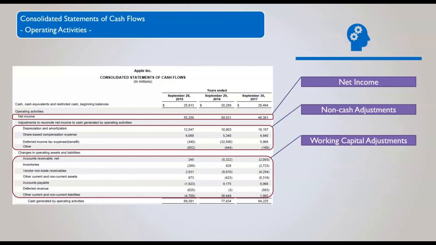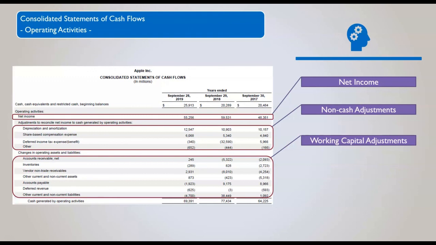This essentially takes the change in certain balance sheet accounts, such as accounts payable and accounts receivable. It would be the net change between its opening and ending balance, and that activity would be the change in working capital.